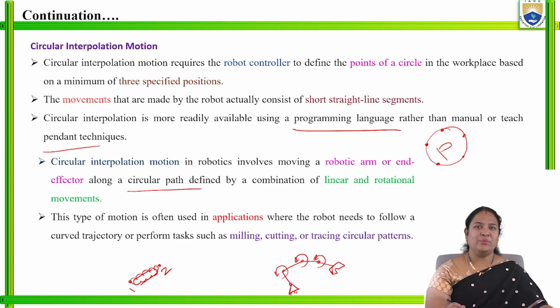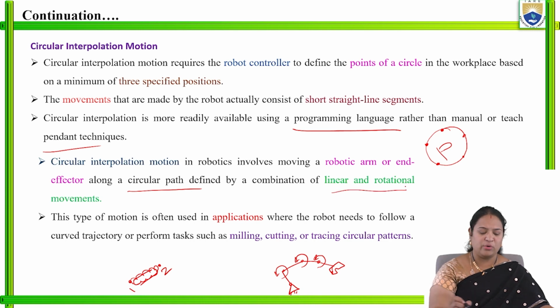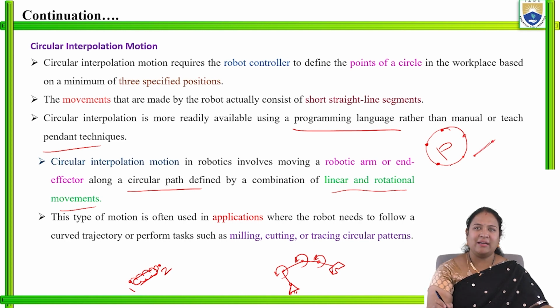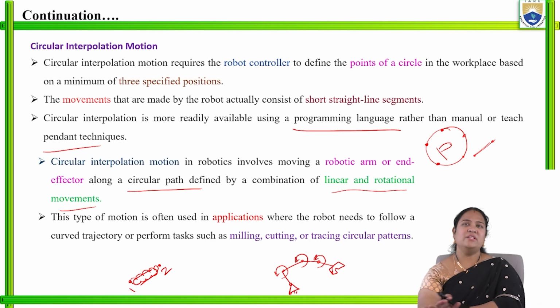The circular path will be defined by linear and rotational movement, right? The linear movement is when the end effector moves from one point to the other in a line segment, and later it will be acting in a circular direction by the programming language given to the controller.